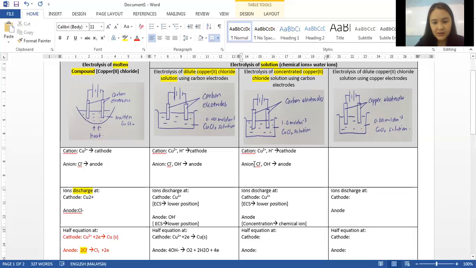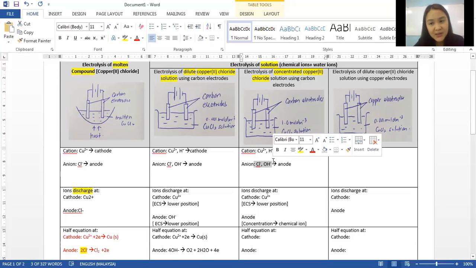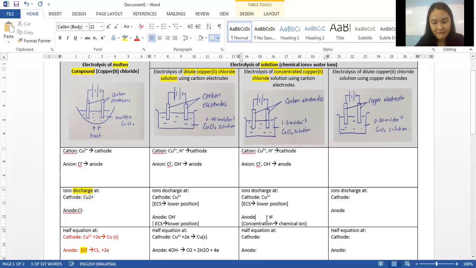At the anode, I have two ions, Cl- and OH-. Which is the one from water? OH-. Which is the one from the chemical? Cl-. According to the rule, I'm supposed to choose the chemical ion. Therefore, the chemical ion Cl- will be chosen for discharge.